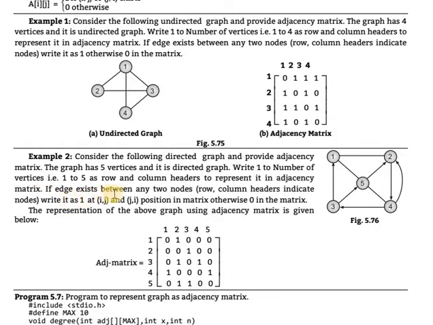If an edge exists between any two nodes, write 1, otherwise write 0, at the i to j position in the matrix. The representation of the above graph using an adjacency matrix is given below.